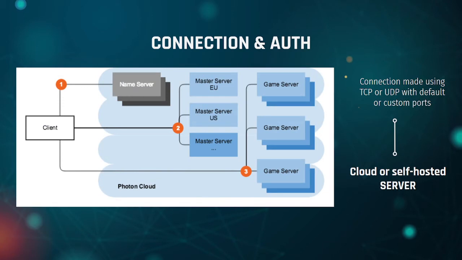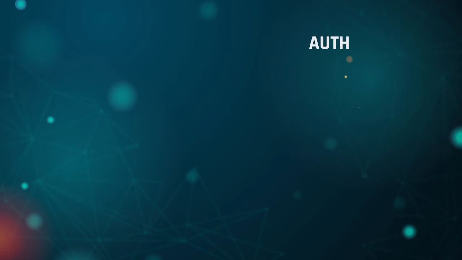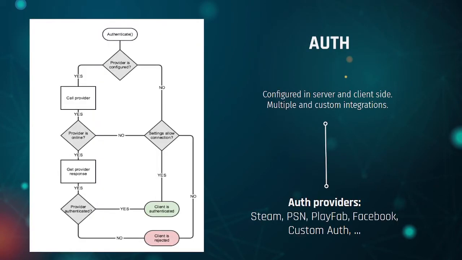The first time you connect, the connection is made with TCP or UDP. The first connection is made to the name server. The name server is going to direct you to the master server, which is the region you select. Finally, from that master server, you go to the game server when you join a game, for example. The AUTH is optional, but if you want to use a provider, then this is the scheme.